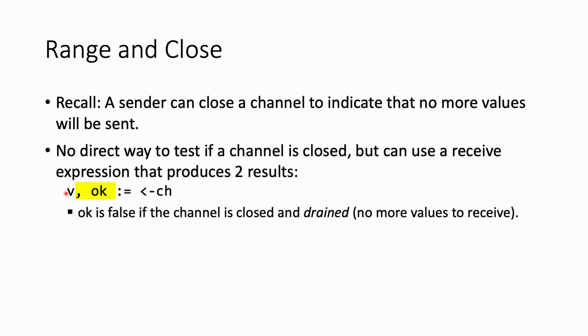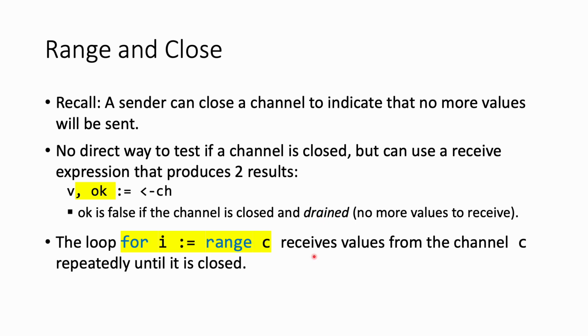The first result is the value received, and the second one is a bool value that is false if the channel is closed and drained. Being drained means there are no more values to receive from that channel.